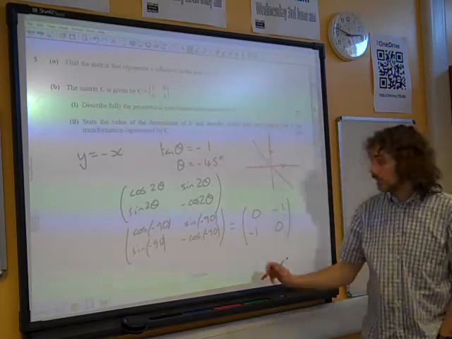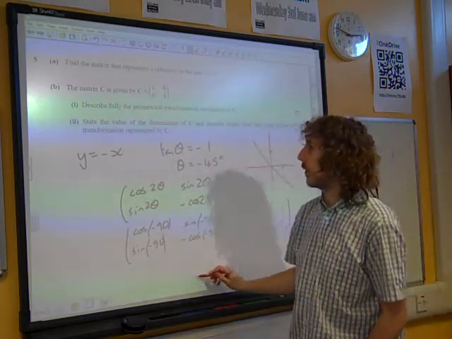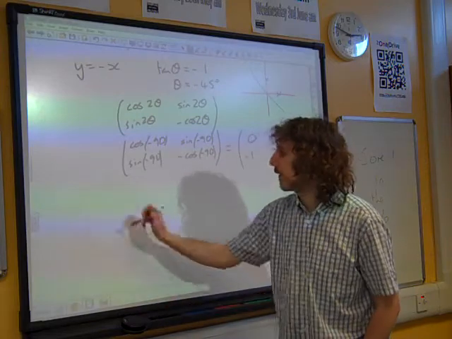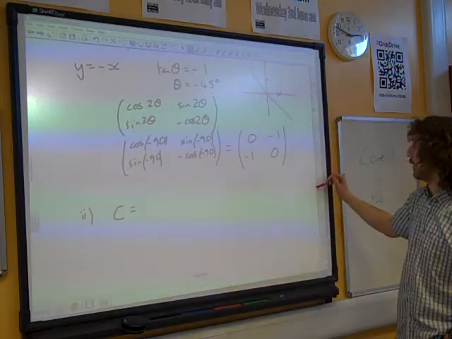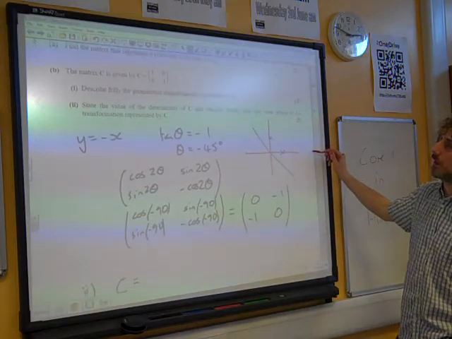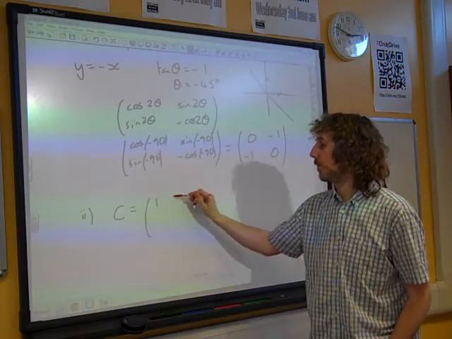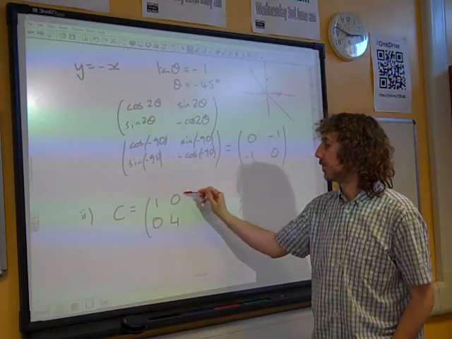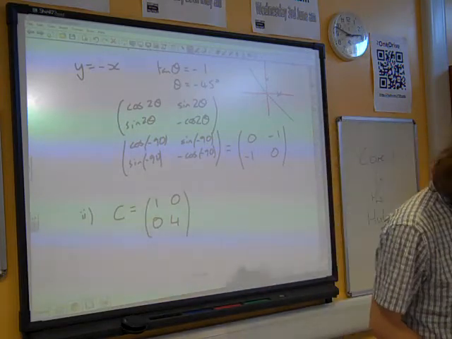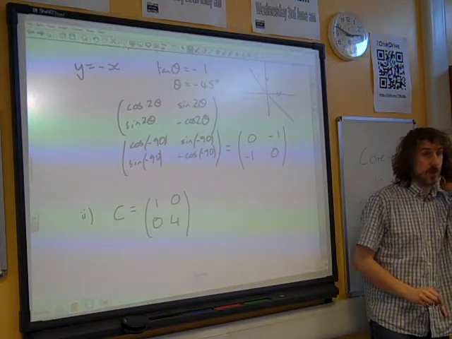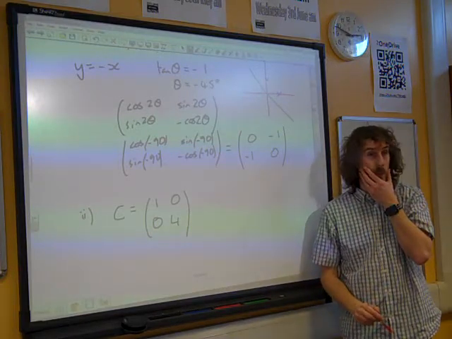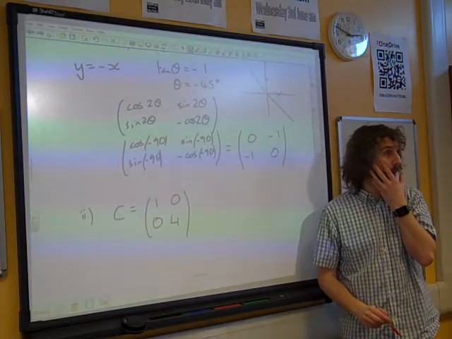The matrix C is given by that. So C is the matrix 1, 0, 0, 4. Okay. Again, we do have some choices about how we would work this out. You can multiply by the unit square.